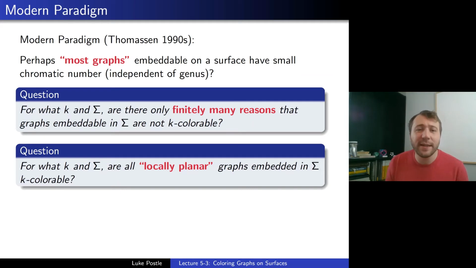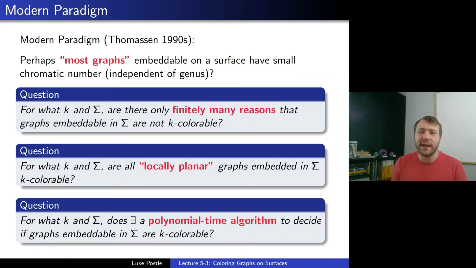And finally, there's a third question I think is nice: for what k in Σ does there exist a polynomial time algorithm to decide if graphs embeddable in Σ are k-colorable? As we know, coloring is hard, and it's hard to decide if you're 3-colorable even on the plane, but maybe for larger k it's not, and for what k would that work, right?